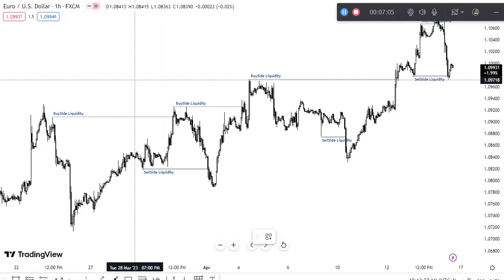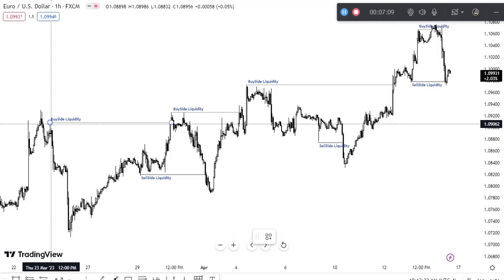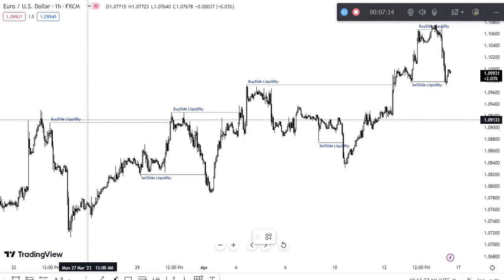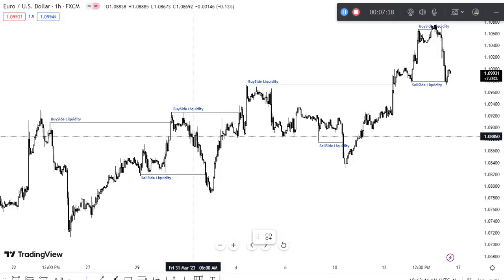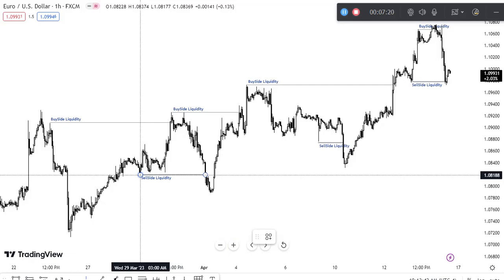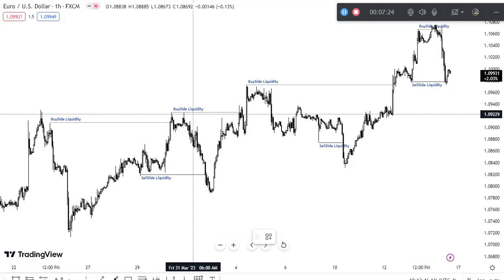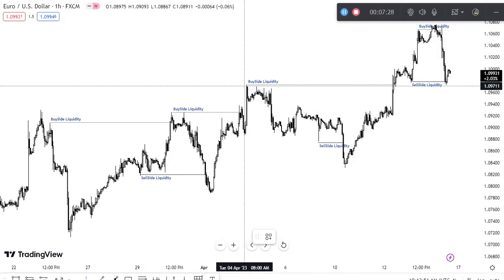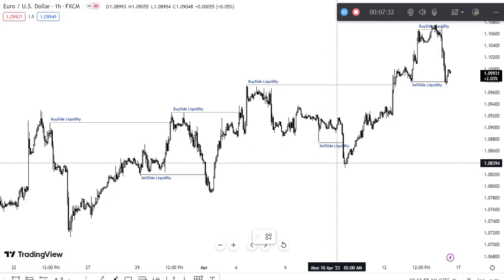So as you can see from here, price created this high, pushed bearish, pushed back up, violated the high, and then dropped. And then once it dropped, it was targeting a sell side liquidity in this zone, violated it, and then pushed bullish. And then from here, once it violated this buy side liquidity, it pushed bearish. You understand? Here, violated the sell, pushed bullish.